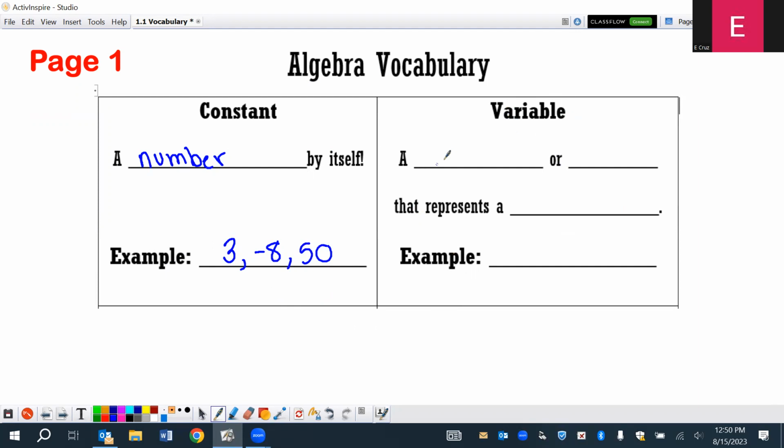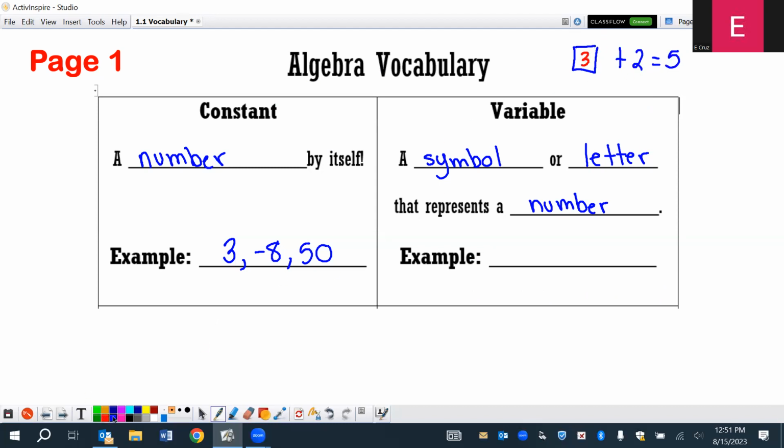Variable is a symbol or letter that represents a number. For example, when you were in elementary school, it might have given you things like a little box + 2 = 5, and you were supposed to fill in the box with the correct number, so 3.